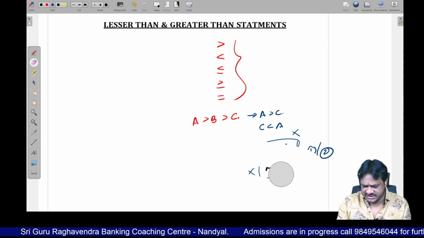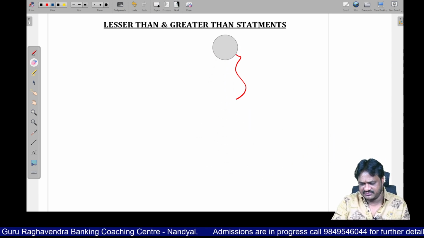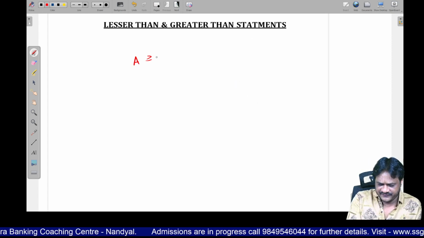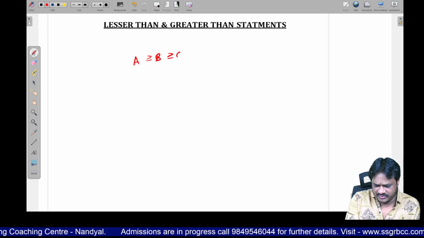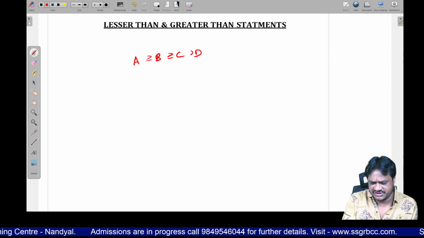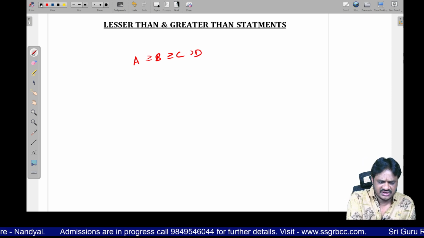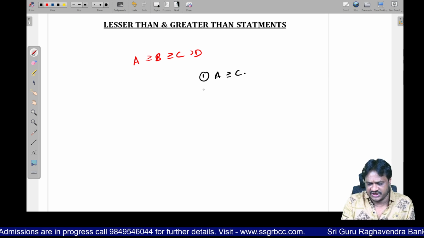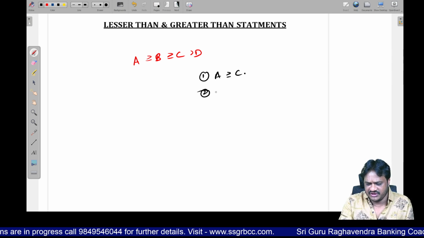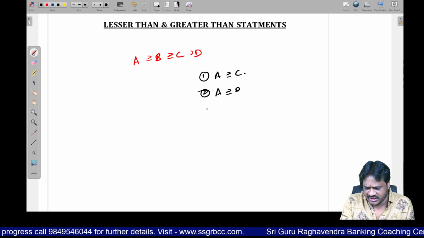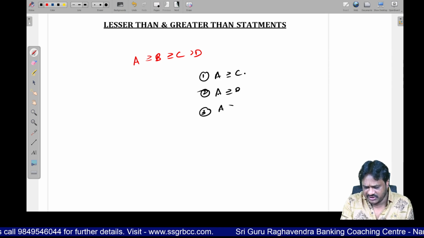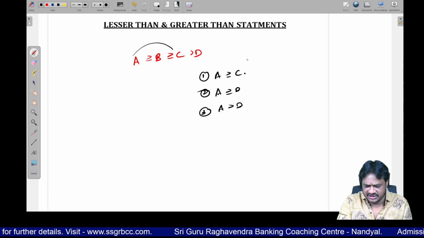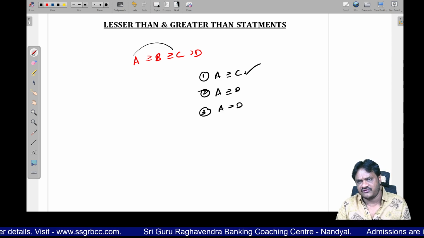Now, I will discuss some 3 or 4 examples. After that, we will go straight to the questions. For example, A greater than or equal to B, B greater than or equal to C, C greater than D. This is our question. Now, I am writing some conclusions. First one, A greater than or equal to C. Second one, A greater than or equal to D. Third one, A greater than D. In this, A greater than or equal to C definitely follows.